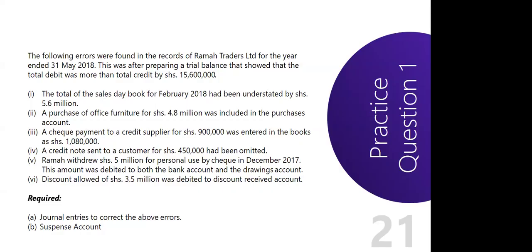Did it cause an imbalance in the trial balance, or it didn't? I'd want to see answers in the chat. Joseph is saying it caused an imbalance. What do you think? Did it cause an imbalance?